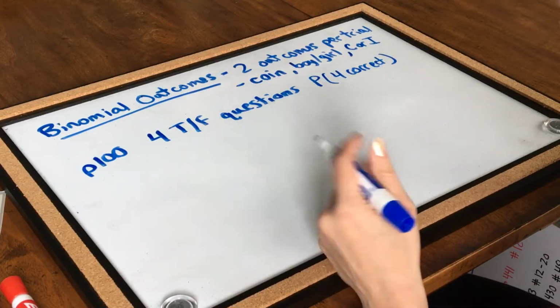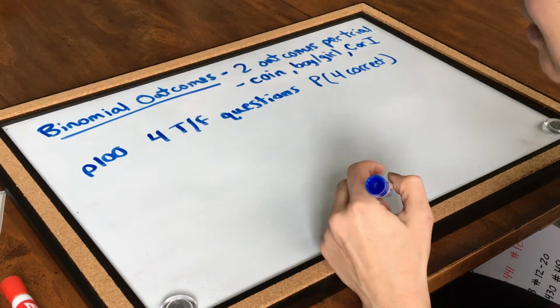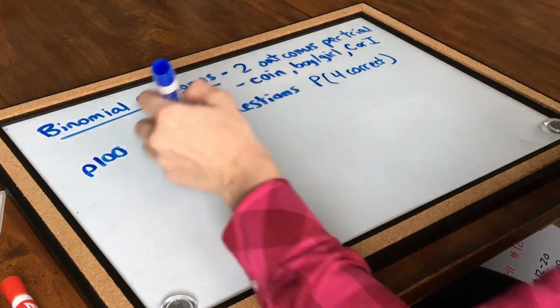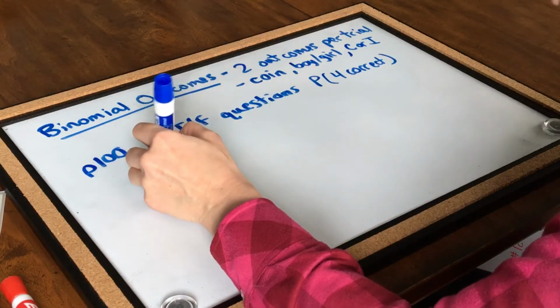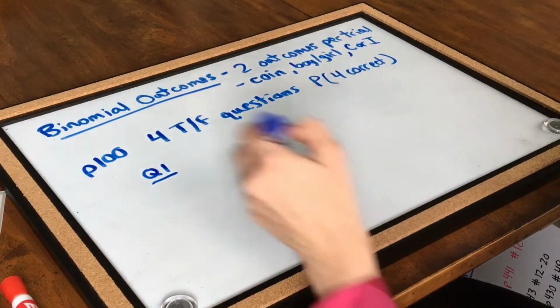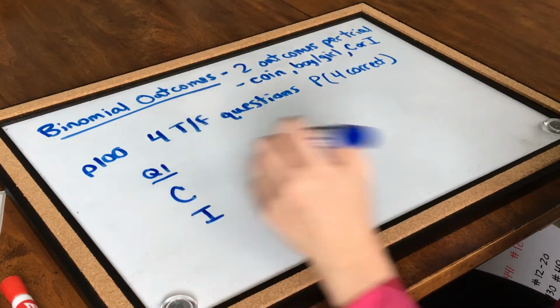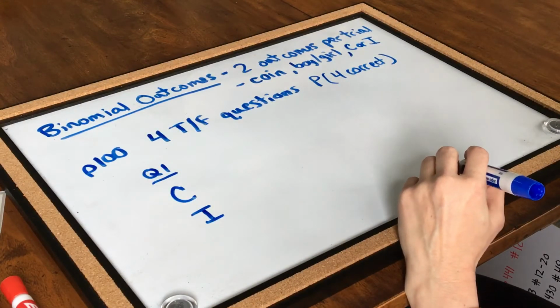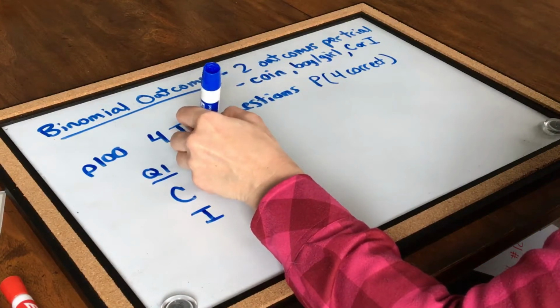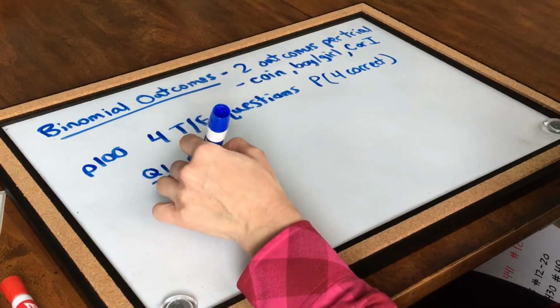In order to do this, we're going to make a sample space. Here I go with question or event 1. It's possible that I could get it correct or I could get it incorrect. Then I'm going to make my question 2, so I'm going to use a tree diagram.